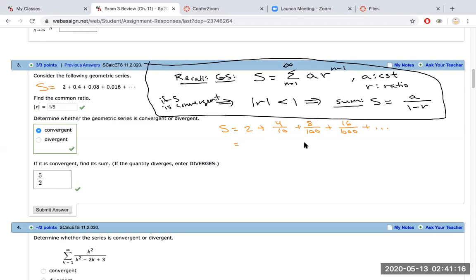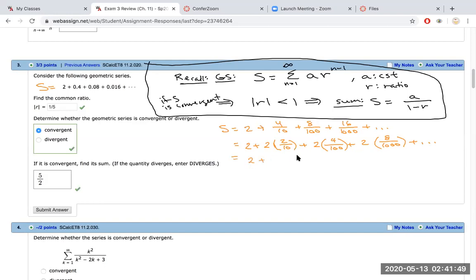You're trying to have some constant, the same constant multiplied to every term, and then have the same r value for each term. So we have 2 plus, I'm going to factor a 2 out of all of these. So 2 times 2 over 10 plus 2 times 4 over 100 plus 2 times 8 over 1,000, and so on and so forth.